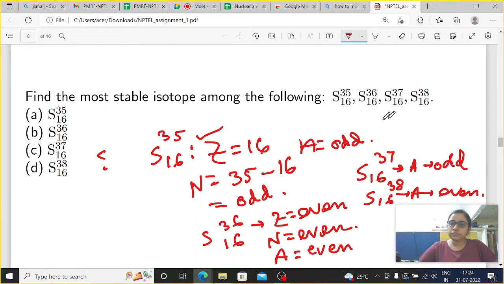So among these 4 isotopes we have to calculate the binding energy per nucleon. The one with the largest binding energy per nucleon will be the most stable isotope among the following.